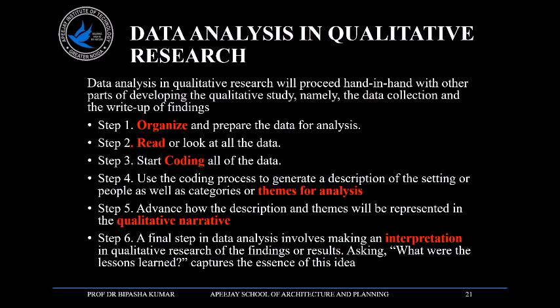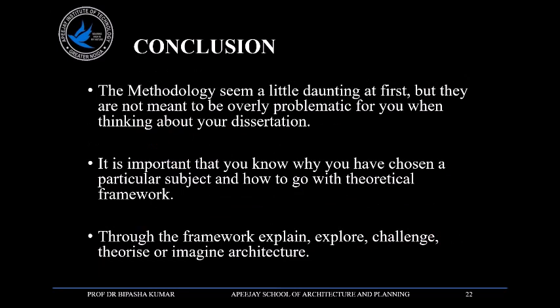So I hope you understood all these 6 steps will help you do your analysis and come out with some kind of result and some kind of lessons you would have learned out of this research.